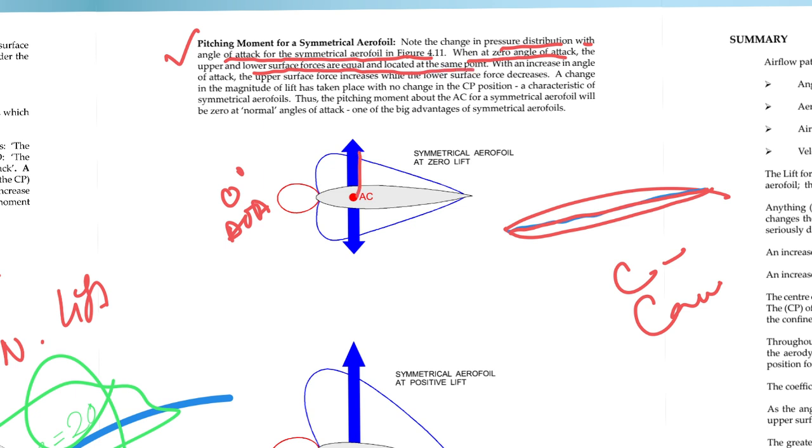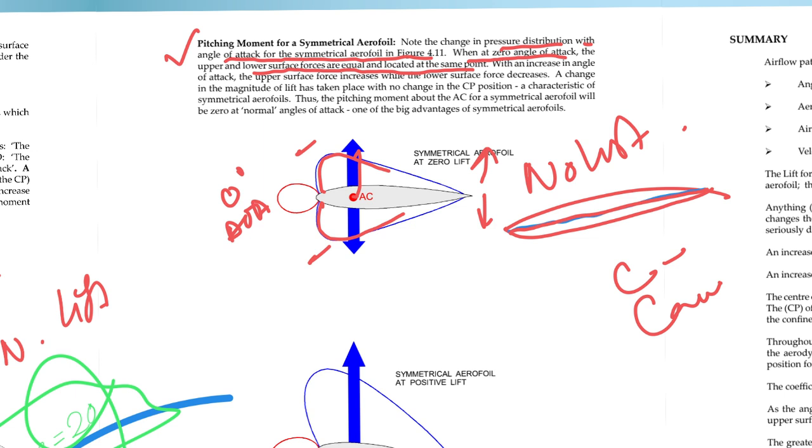So the pressure distribution on the upper surface and the lower surface is the same. There will be no upward or downward force because the pressure reduction in both is the same. So it will produce no lift. And let's say the CP position is also here.